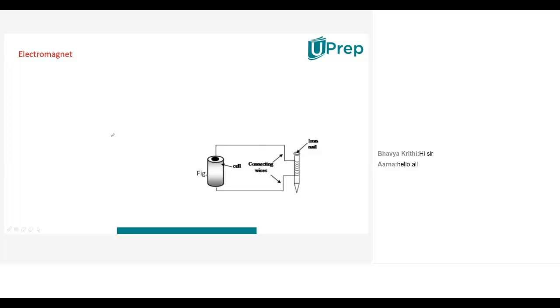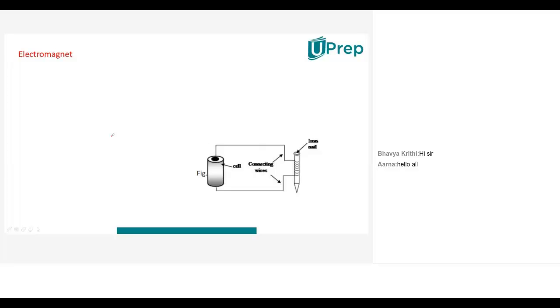If current flows through the copper wire wound around the iron nail, it will behave like a magnet. If the electric cell is removed from the circuit, will current pass through it or not? No. If current is not passing through it, will the iron nail behave like a magnet or not?